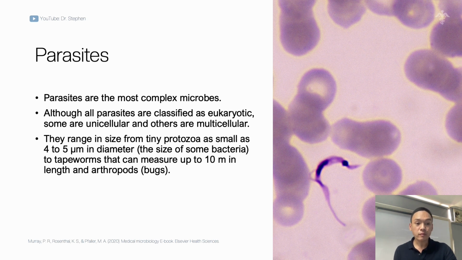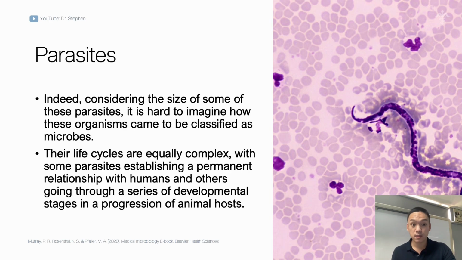Although all parasites are classified as eukaryotic, some are unicellular and others are multicellular. They range in size from the tiny protozoans as small as 4 to 5 micrometers in diameter, which is the size of some bacteria, to tapeworms that can measure up to 10 meters in length, such as arthropods or bugs.